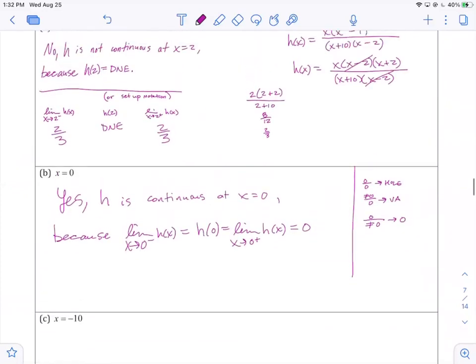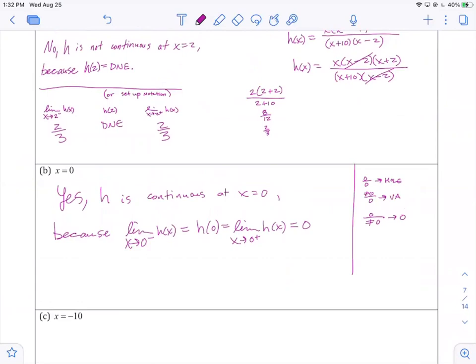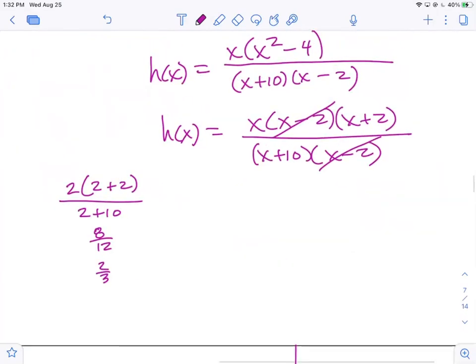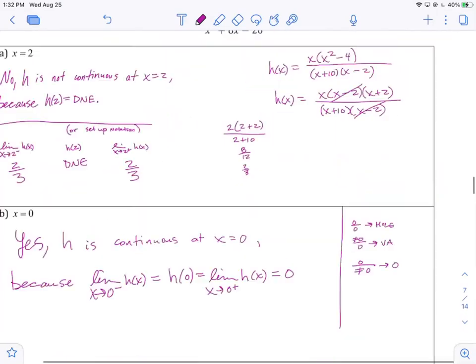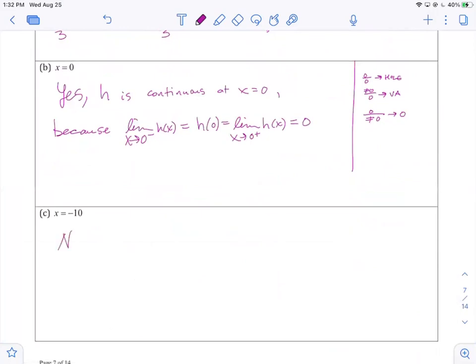Negative 10. Well, we know that it's not continuous, right? So do we say no, H is not continuous at x equals negative 10, because the justification is not because, yeah, you could use any one of the three.